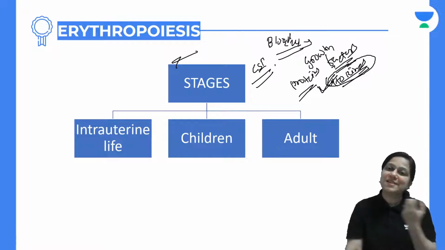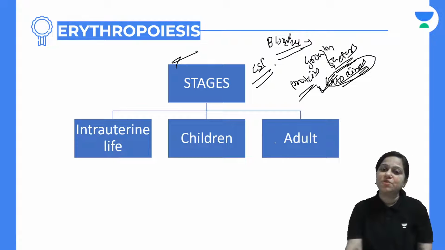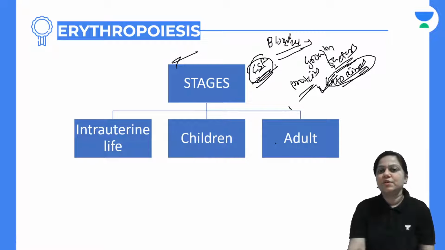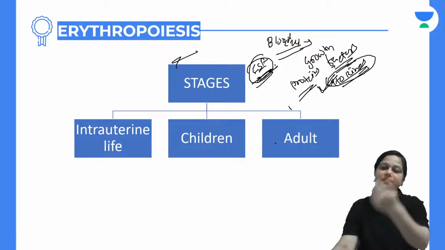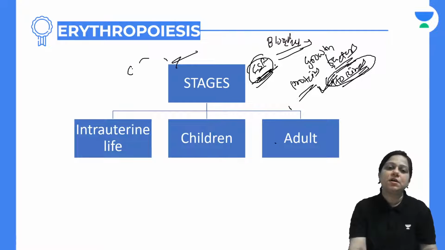Cytokines which control the formation of the different types of blood cells are together called colony stimulating factors. So there are different colony stimulating factors for different series, like the colony forming unit for eosinophil, colony forming unit for erythrocytes, colony forming unit for basophil.